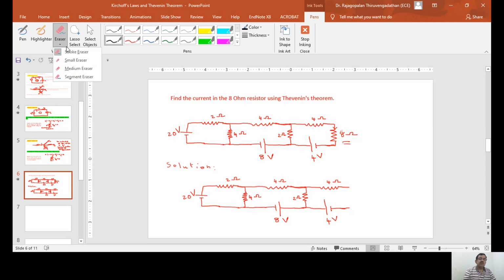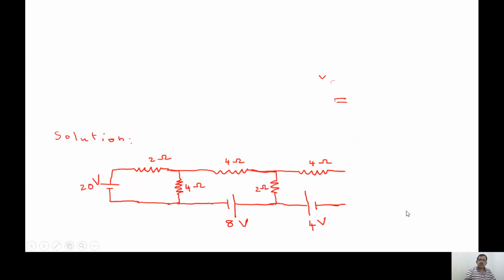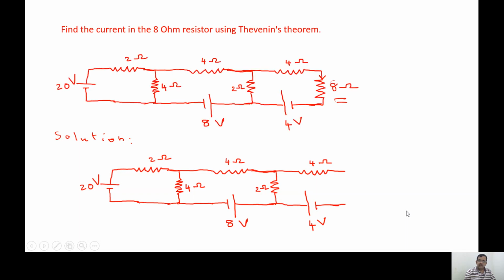Then I mark these two terminals, listen carefully, as A and B.